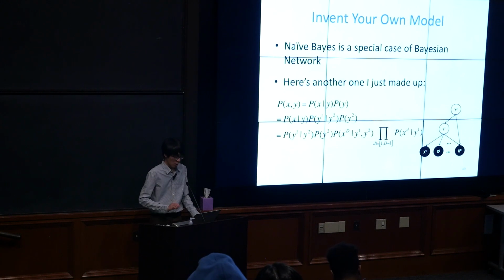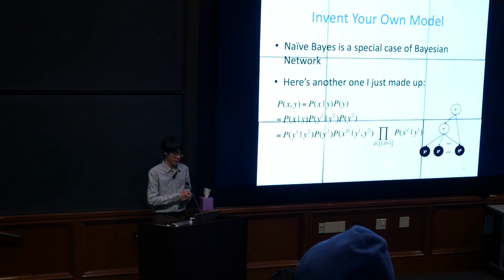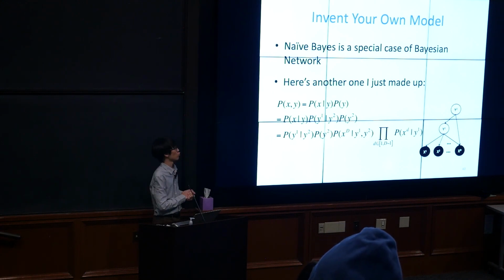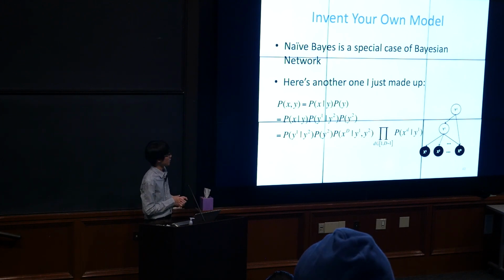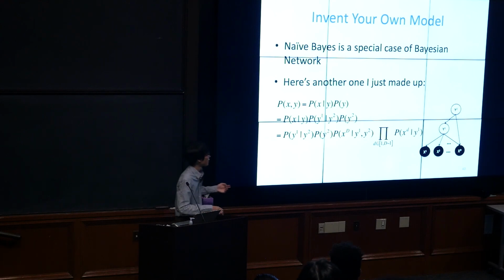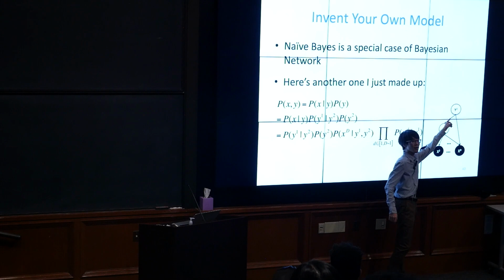Okay, cool. So naive Bayes is just a special case of a Bayesian network in that you can really draw that diagram any way you want and make any assumptions you want about the structure of this model, and we can learn it, right? So this is a model that Yisong made up on the spot, allegedly, where instead of just having one y, we have another y up here, right?